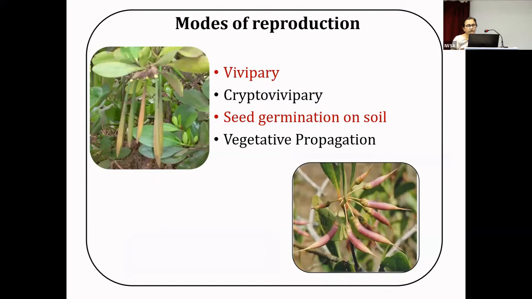It is hidden, but when there is moisture, the fruit wall is detached, and you will see the plumule extending out. So the modes of reproduction are vivipary, cryptovivipary, seed germination on soil, and vegetative propagation.